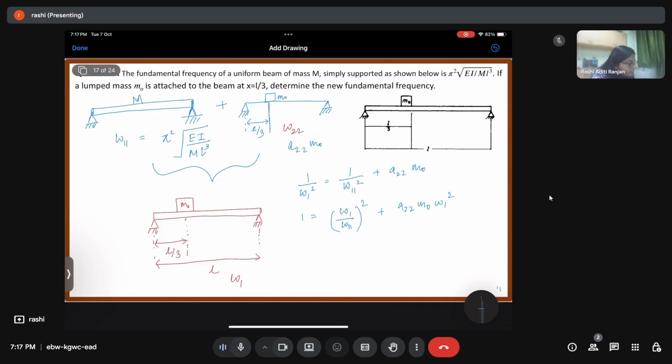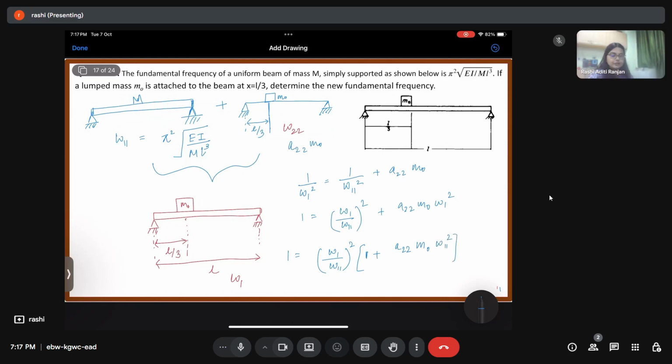Now what we can do is it is going to be omega 1 only, no? Wait. Okay. So what we can do is we can take omega 1 square by omega 11 square common. We can write as 1 is equal to omega 1 square by omega 11 square common, 1 plus A22 M naught omega 1 square.